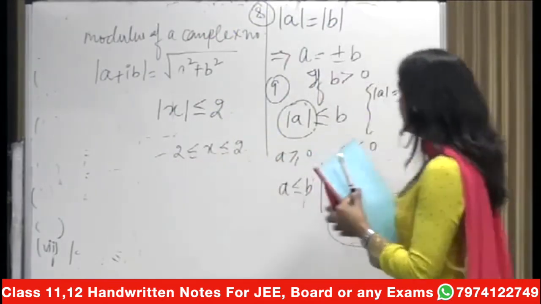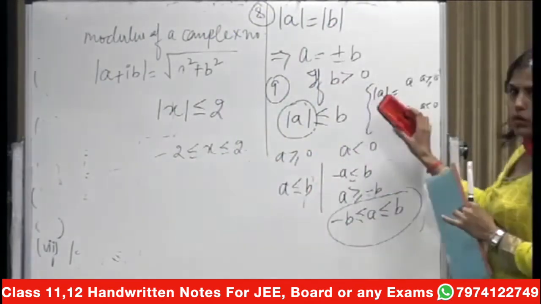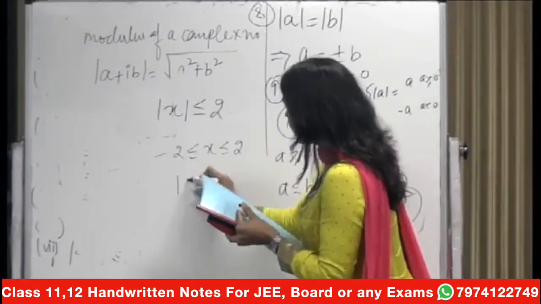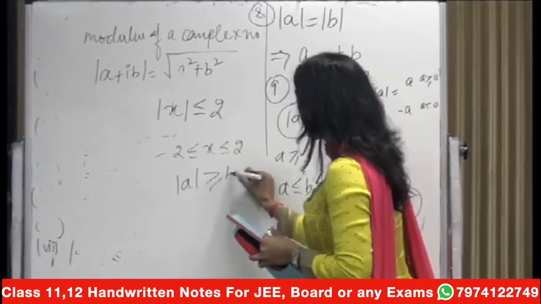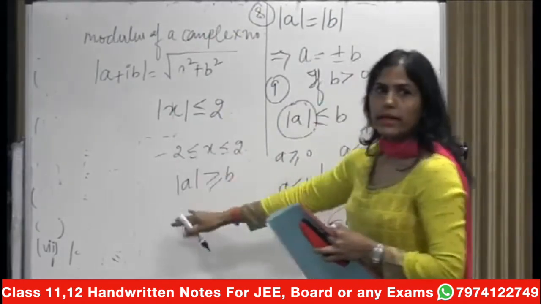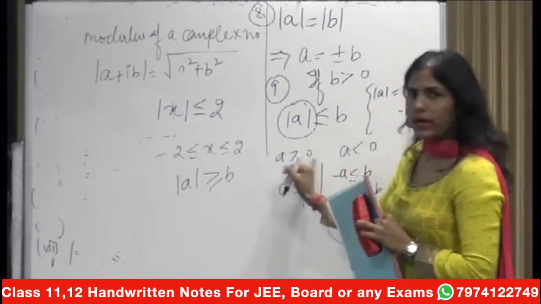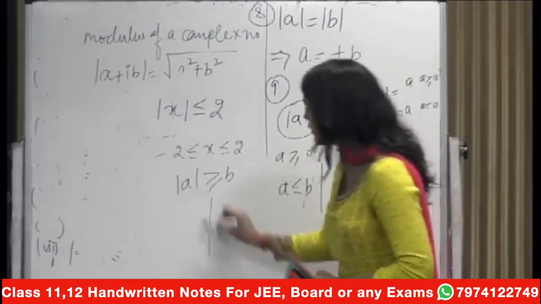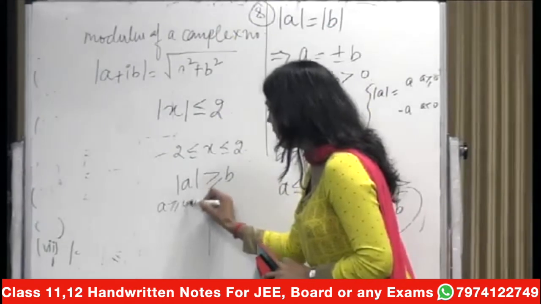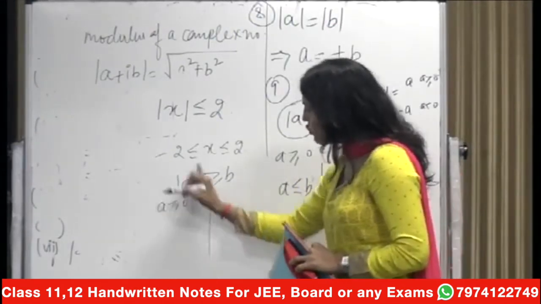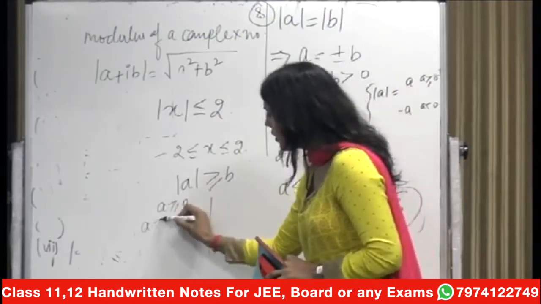Now take another, is this okay? Now, if this is less than or equal to b, in case it is greater than or equal to b, in such a case, outside. Case 1 is a greater than or equal to 0. When a is greater than or equal to 0, this value will be a.